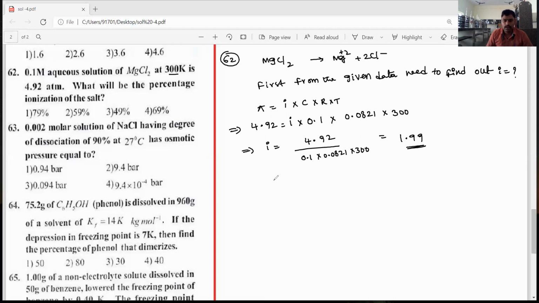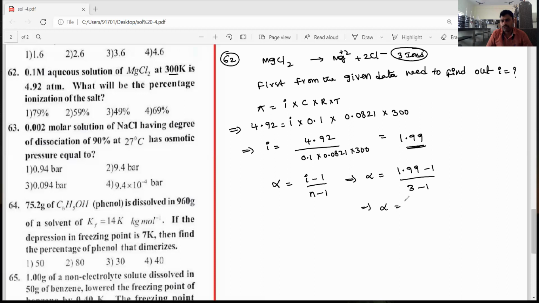Now, what is the relation between alpha and i? Alpha equals i minus 1 by n minus 1. So alpha equals 1.99 minus 1 divided by n. The number of ions in MgCl2 is 3, so n equals 3.